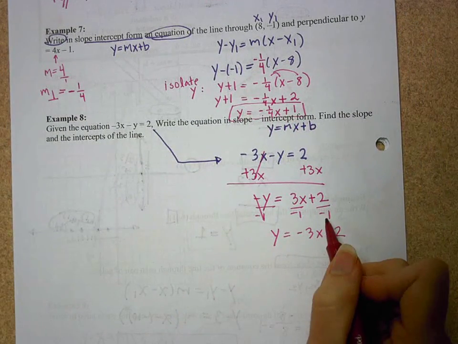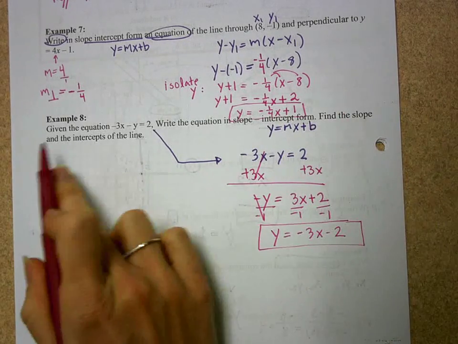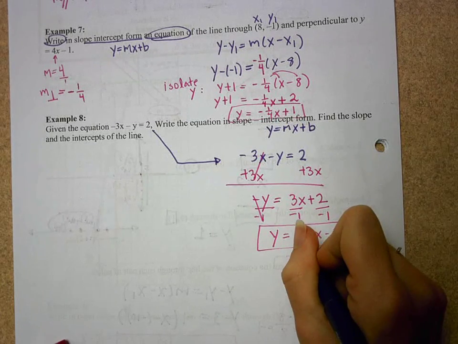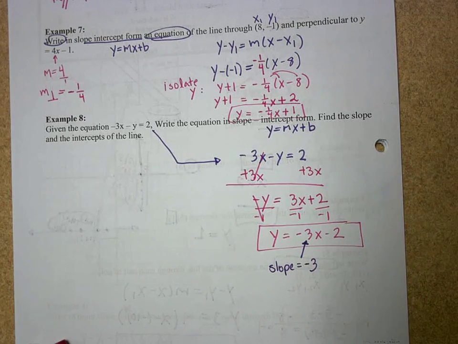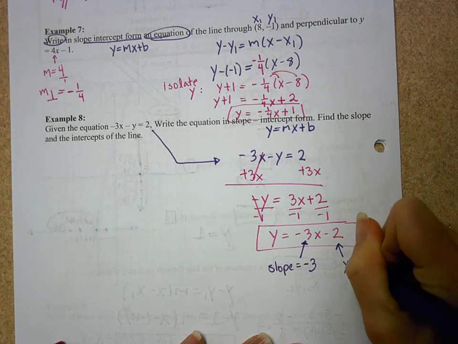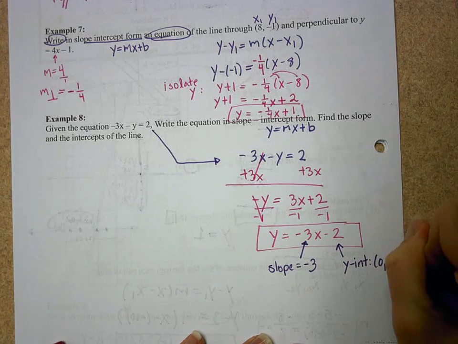Here's slope-intercept form. Okay, it says find the slope and the intercepts. Well, our slope lines up with what's multiplied by x. So our slope is negative 3. Our y-intercept is this number over here, so we can write that as 0, negative 2.